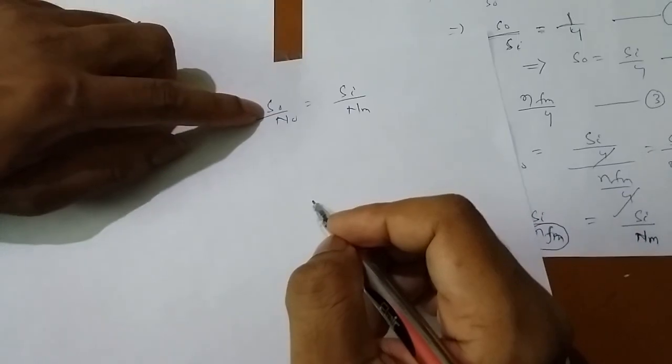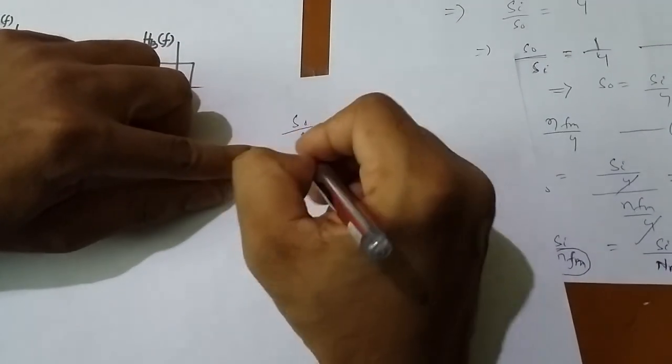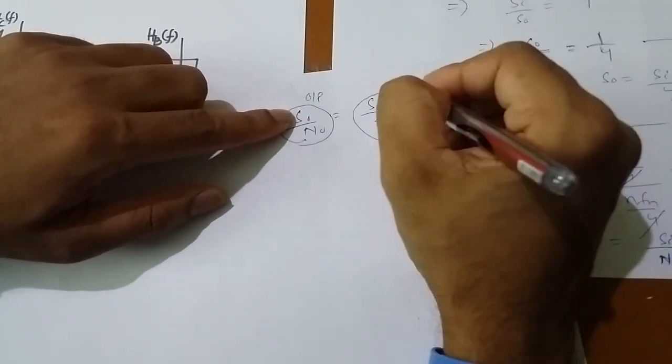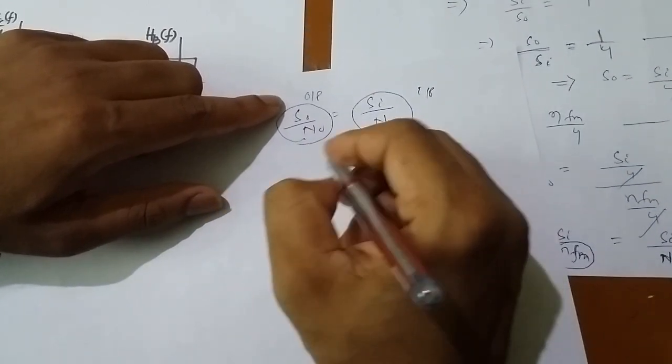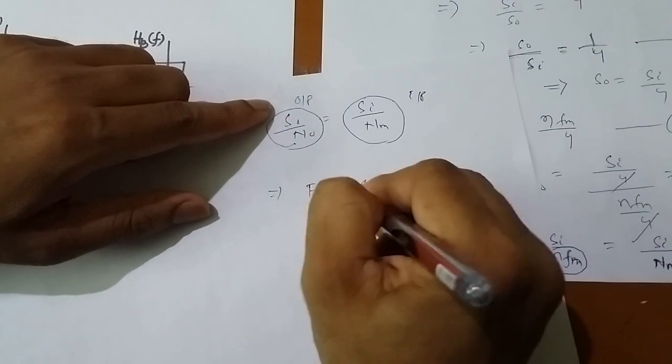This S0 by N0 is the signal to noise ratio at the output. This is the signal to noise ratio at the input. So we have a term called figure of merit.